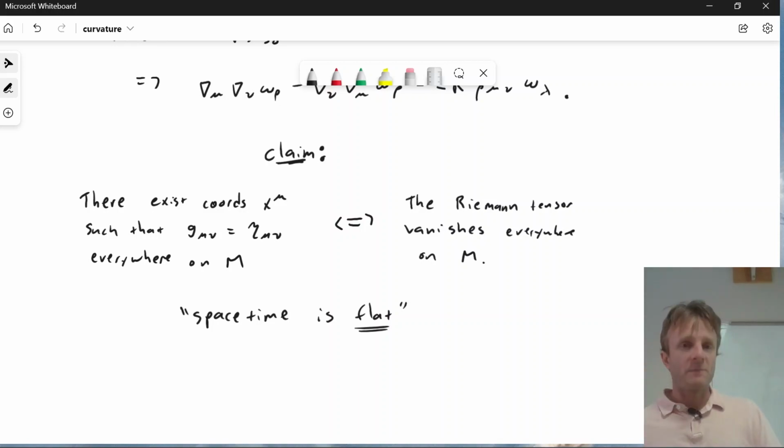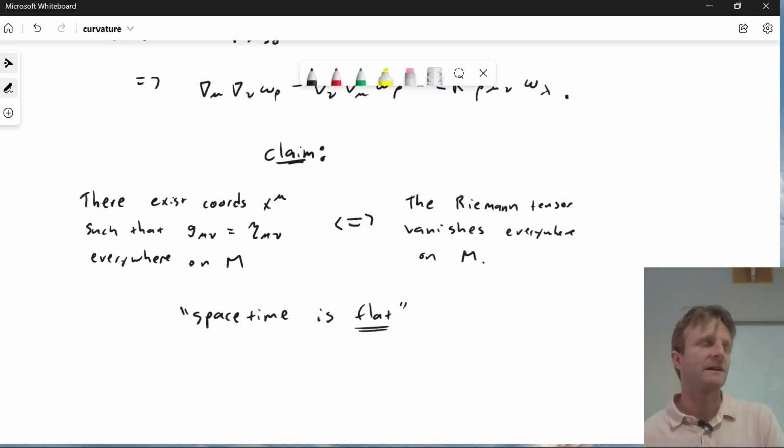And a flat space has g mu nu equals, well, in this case, it would not be eta mu nu. If it's a space, it would just be the Euclidean metric with all ones, no minus ones. But in that case, we would certainly call that flat if the metric were Euclidean. And so in general, we say space-time is flat if the metric can be put in the form eta mu nu.